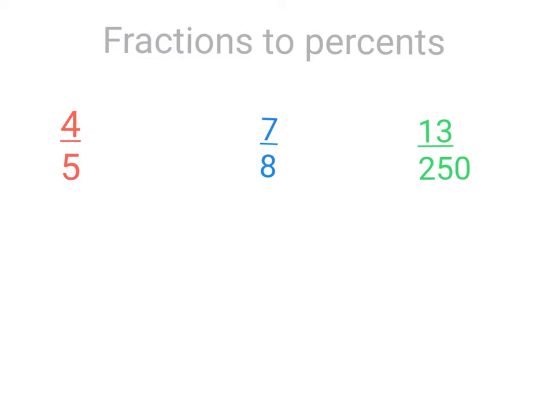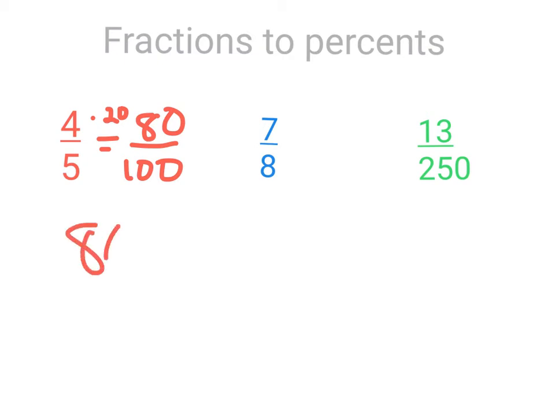How do you get 4/5 to be a fraction over 100? Well, we multiplied the 5 by 20, right? So we got to multiply the 4 by 20 and we get 80. So 80 hundredths would be what as a percent? Well, 80 per 100 is 80%. Perfect.